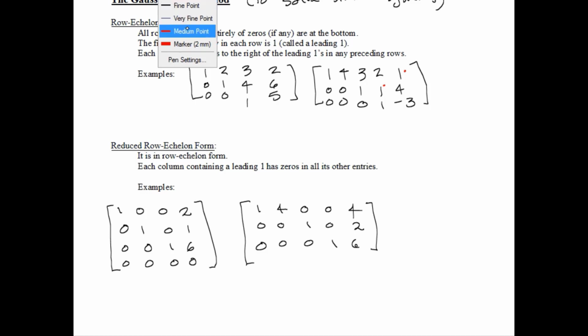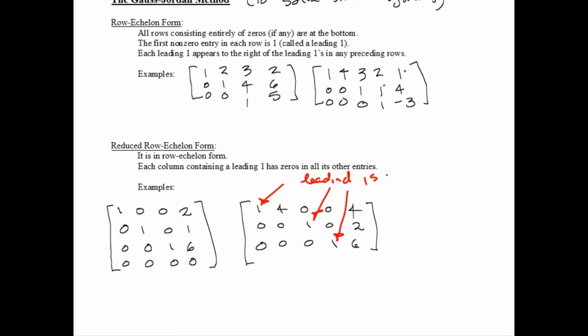Okay, look for your leading ones. Here's a leading one, here's a leading one, and here's a leading one. Notice each of those leading ones has zeros everywhere else in the column, both above and below.